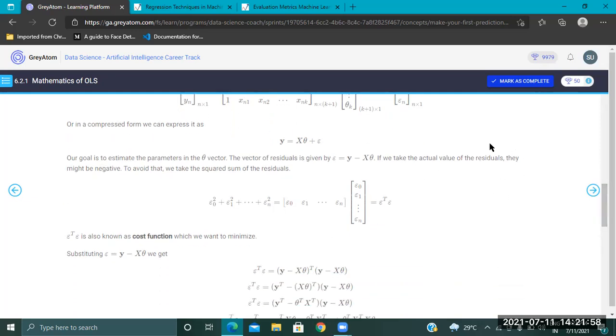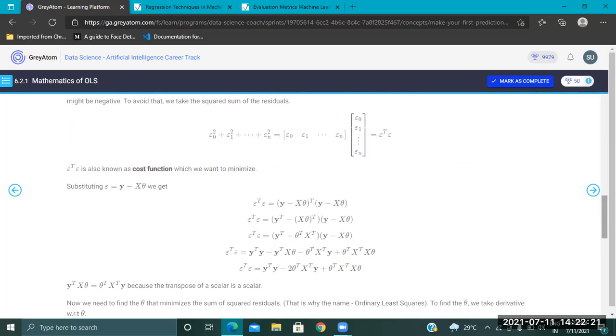When we fit the data, the residuals may be positive or negative. To overcome the negative error, we will square the error, so the residuals will become positive.